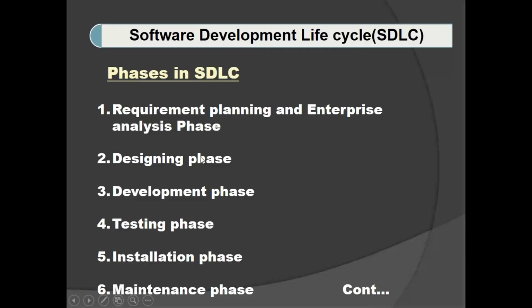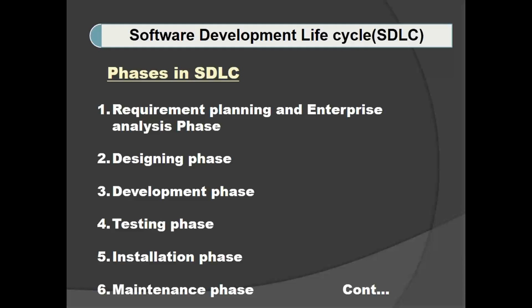I am going to explain each and every phase in detail, like what kind of activities take place and what is the role of a BA. That means in requirement planning and enterprise analysis, what kind of role does the BA play? In designing phase, what kind of role does the BA play? In development phase, what kind of role does the BA play? In this way, I will cover all these different phases.